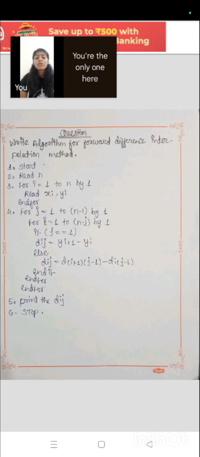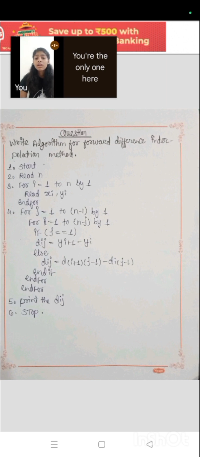In the next step, we write a for loop j is equal to 1 to n minus 1 by 1, and again we iterate an i loop, i is equal to 1 to n minus j by 1. We write the first condition: if j is equal to 1, then we put the i and j values in dij.